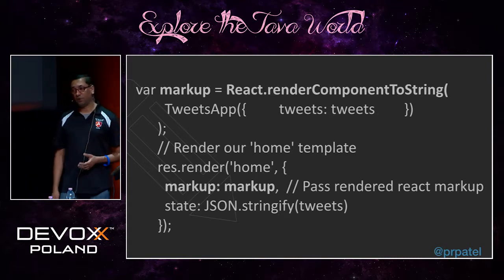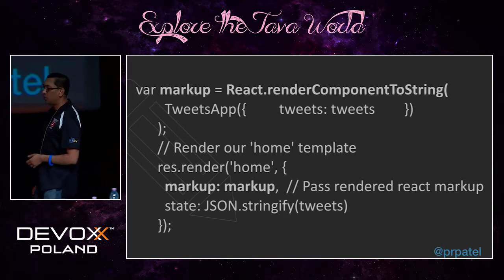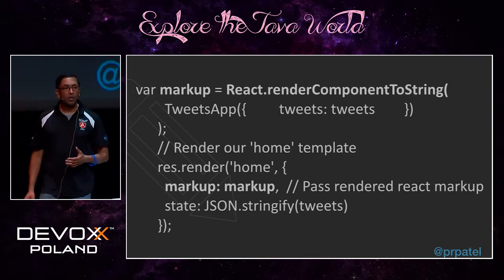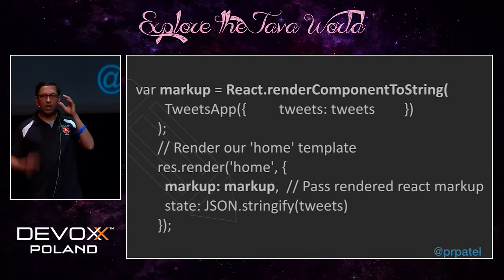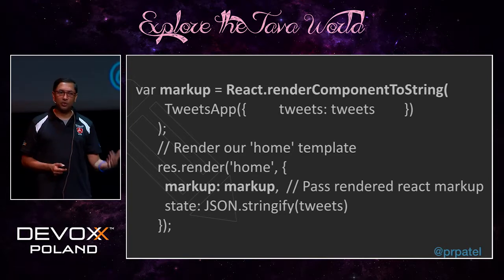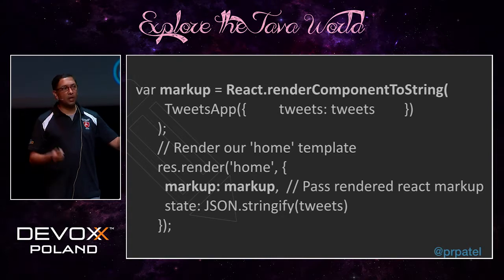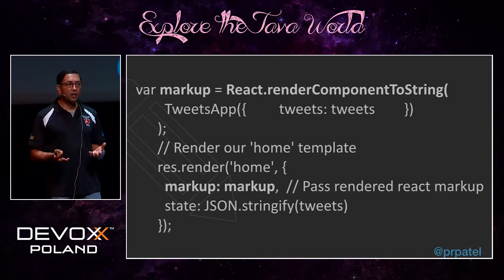Or, one of the popular things to do today is when we first initialize our React application, we'll want to do isomorphic rendering of the entire application on the server and send up to the React running in the browser a pre-rendered, ready-to-go view.